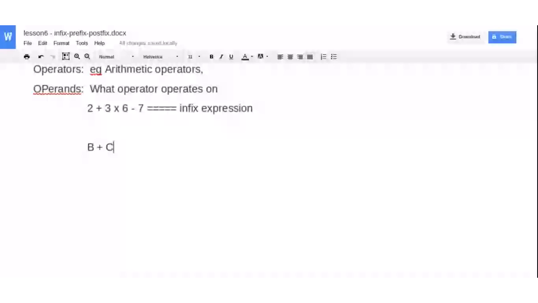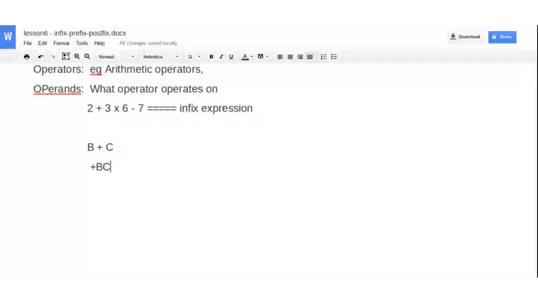But if we write in a postfix, now let's start with the prefix. So the prefix form of this is, prefix says that you write the operator at the front of the operand. And so the plus will be here like that. Bring the operator in front of its operands.